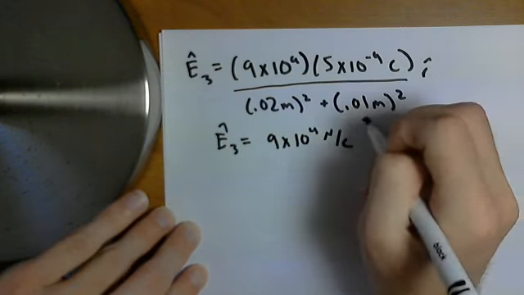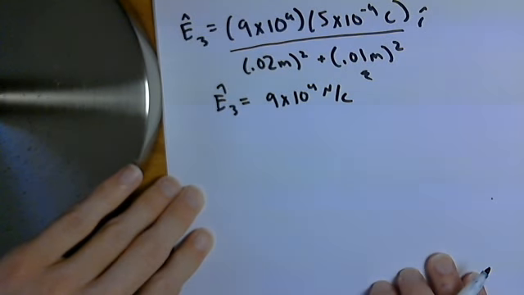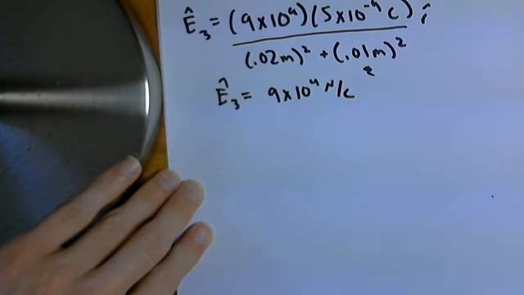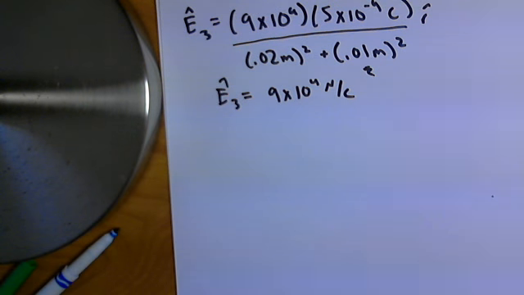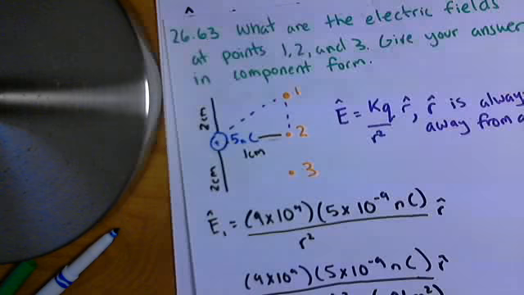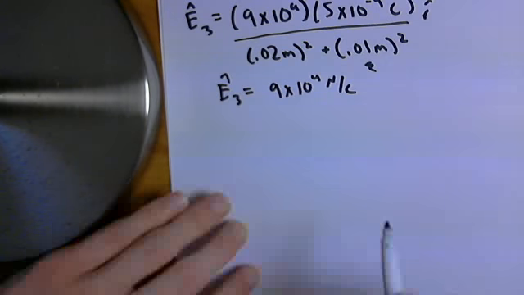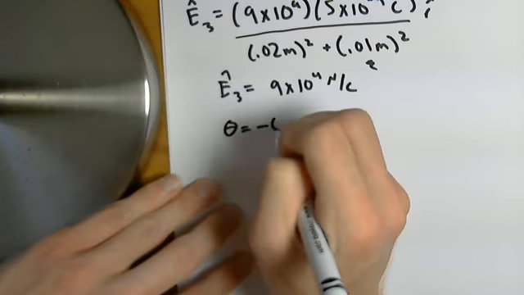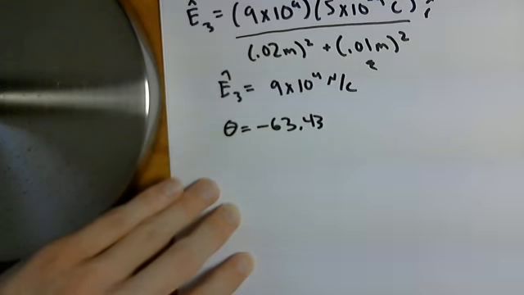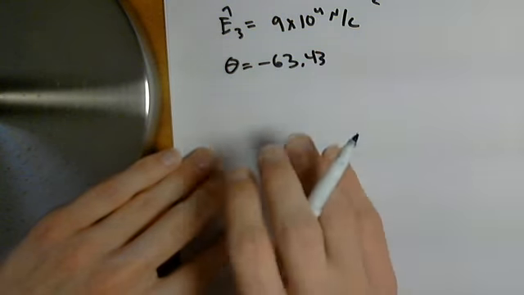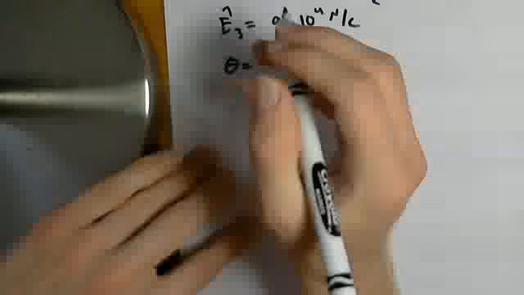And we know the angle from before, and it's the same angle but downwards this time. We know that theta equals negative 63.43. Now we're just going to plug everything we have into the equation.